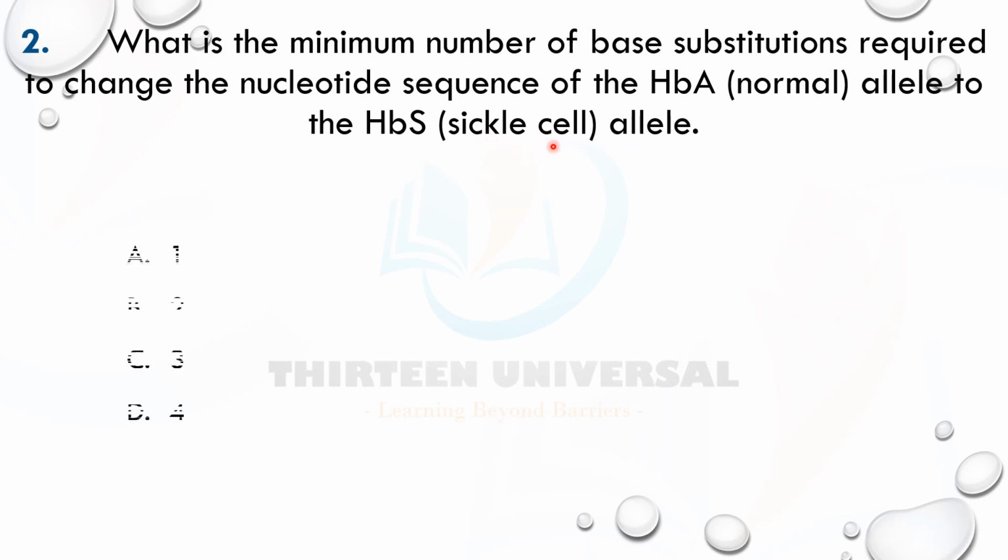Now it's asking us what the base substitution is. Of course, guys, if you're conversant with this, you know that it's just a base substitution. The original base triplet is CTT. So CTT undergoes base substitution. You see, this thymine is replaced by adenine.